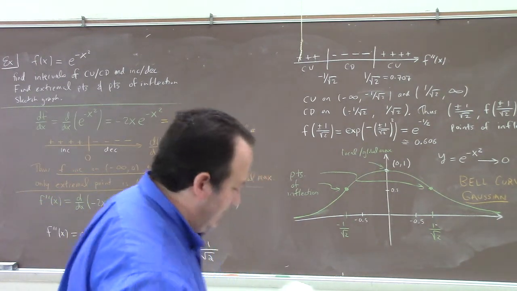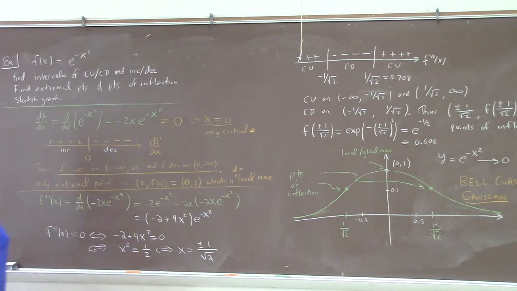All right, next example here. This is probably gonna be our last example of graphing, okay? They just take so long, but here's f of x equal to 3x to the 5th minus 20x to the 4th plus 40x cubed.